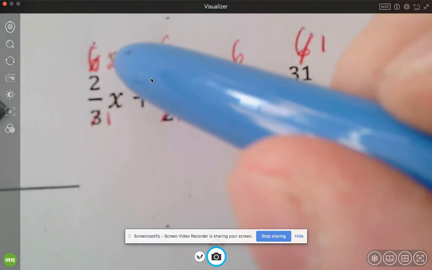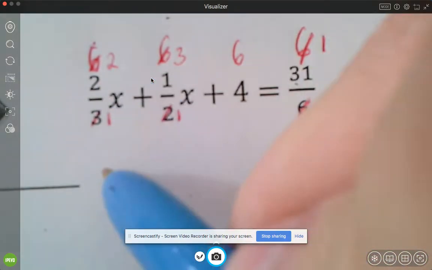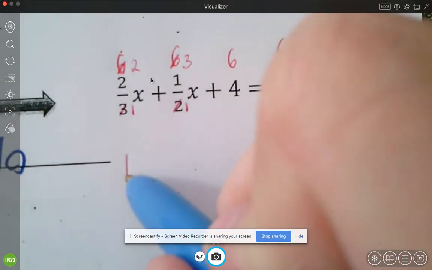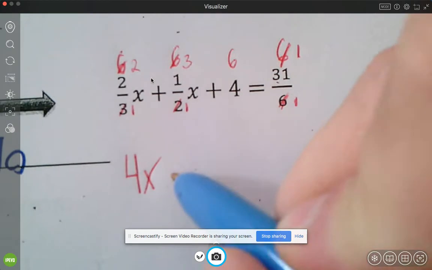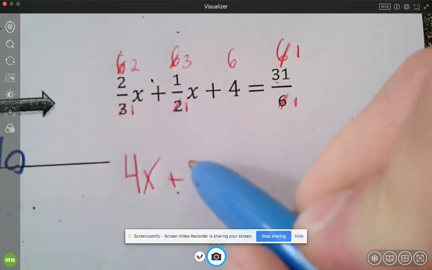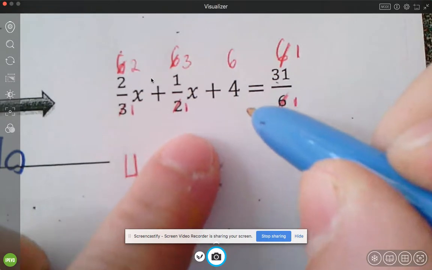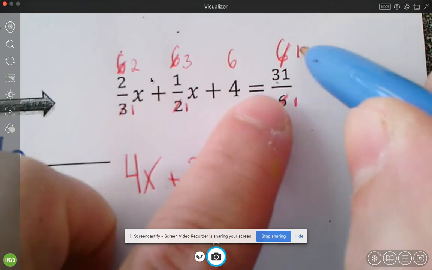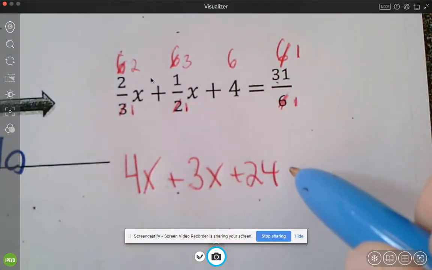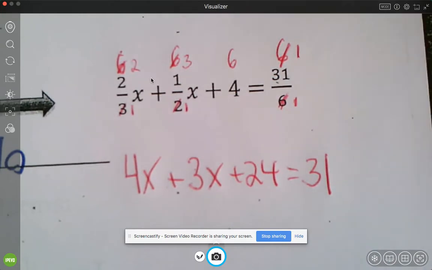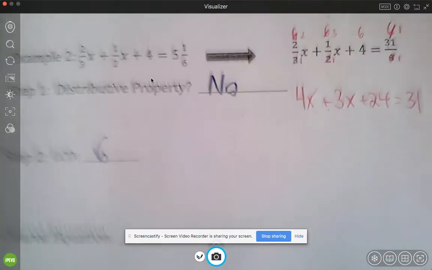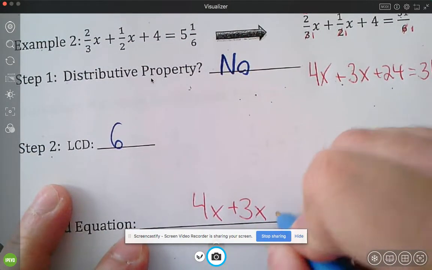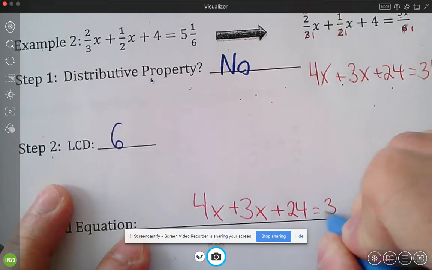Now that we multiply down and then divide, who can tell me what the first term would clear to be? 4x plus, how about the second term? 3x. And then obviously here, this is just plus 24. And this is equal to 1 times 31 is 31, divided by 1 is 31. So we can write that down here for our cleared fraction. Our cleared equation would be 4x plus 3x plus 24 equals 31.